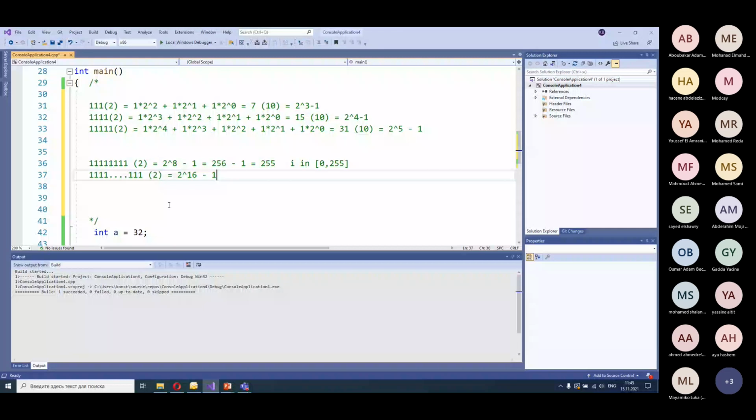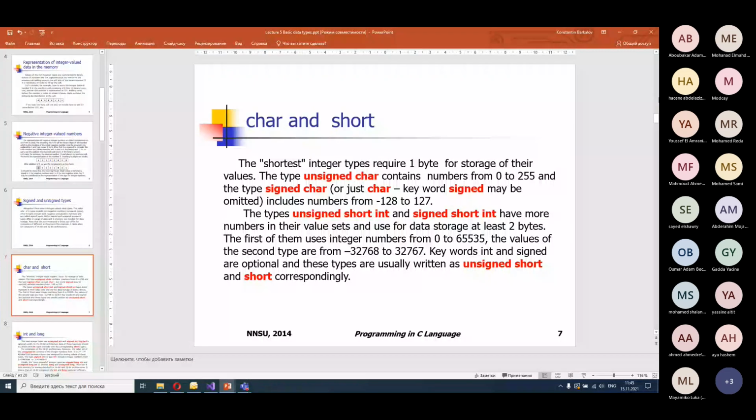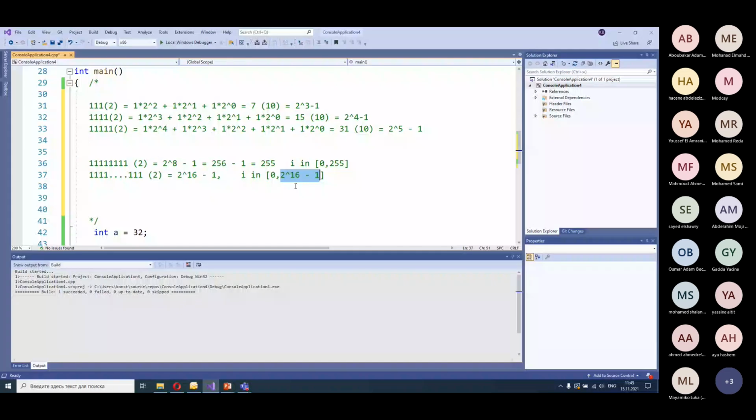Well, before we consider the next slides, a few words about representation of negative numbers. Again, I don't want to go into details, but just to explain the main idea.